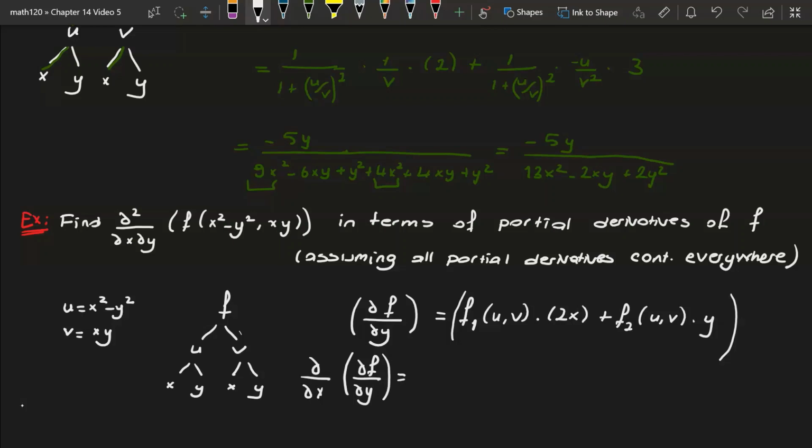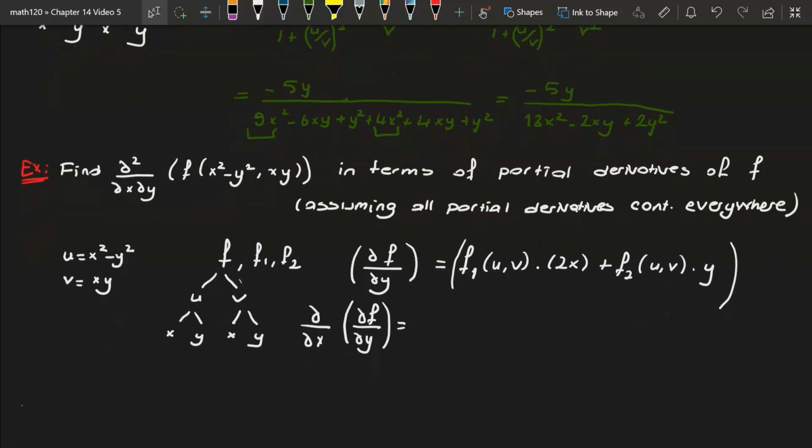We have f1 of uv times 2x. f1 and f2 are functions depending on u and v, and u and v depend on x and y. So to find the derivative of del f del y with respect to x, we need to take the derivative of f1 with respect to x.